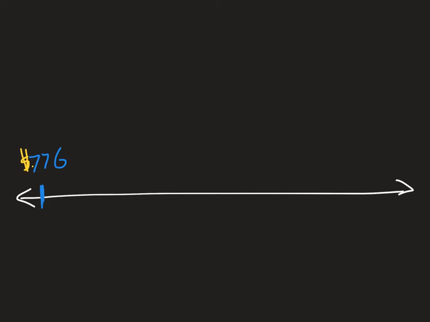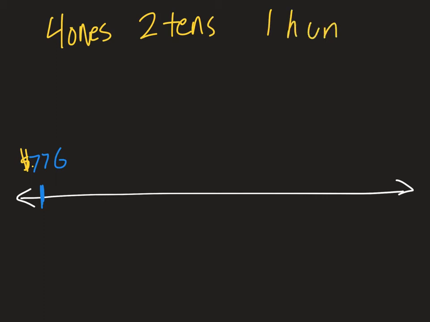We know from the last page that we need to add 4 ones, 2 tens, and 1 $100 bill. 4 $1 bills, 2 $10 bills, and 1 $100 bill in order to get from 776 to 900.